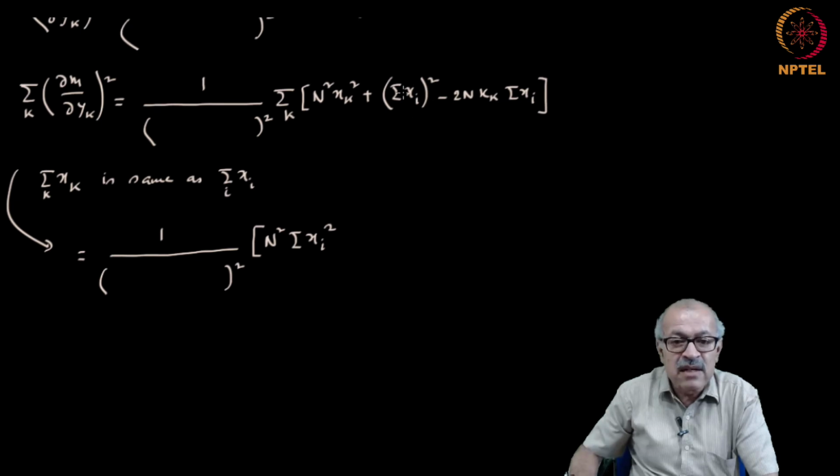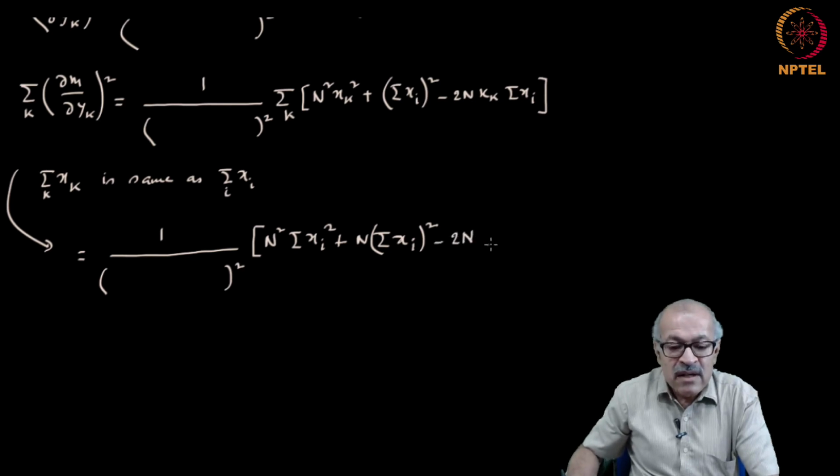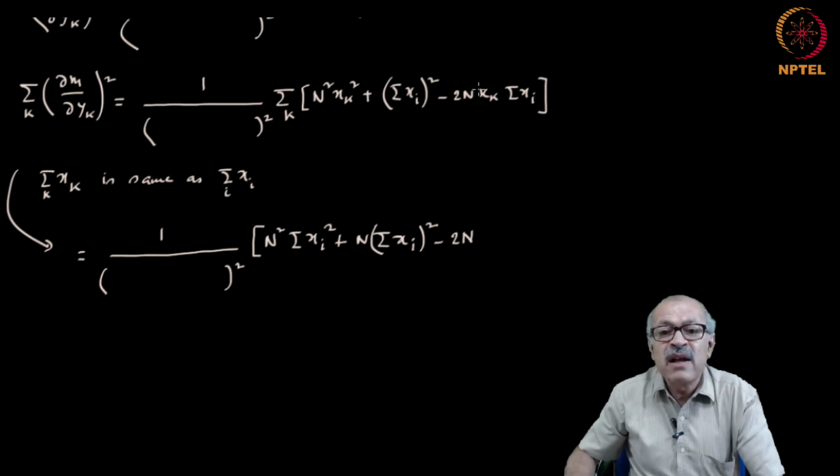This one is repeated n times, so you will have n plus n times sum over xi, whole square, minus twice n, and this one, xk summed over k, will result in the same as the sum over xi.